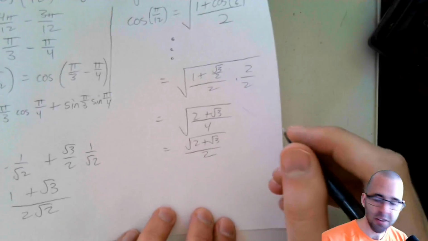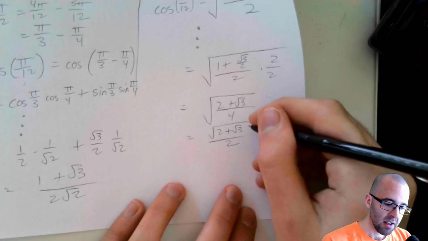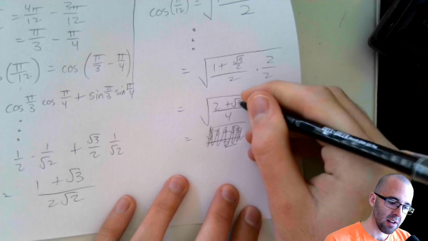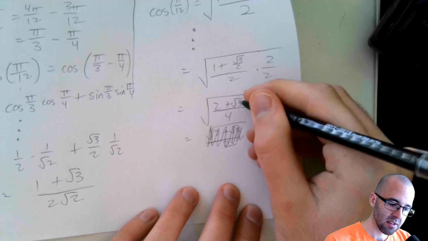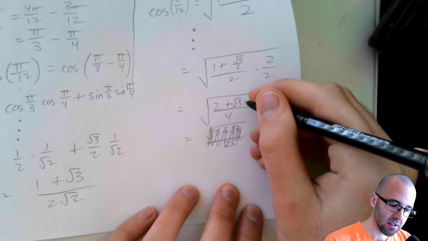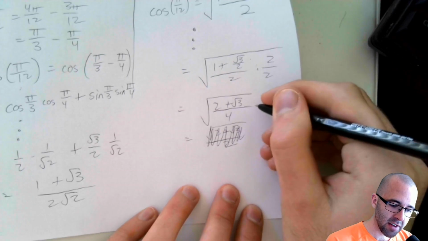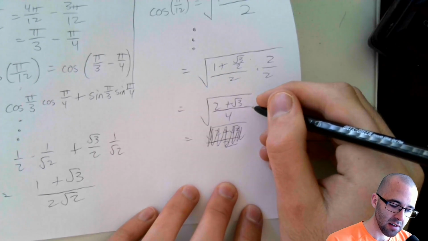I think what you probably do to get them to look the same is you go back a step and get rid of this fraction. Huh. I might need to review my own algebra.